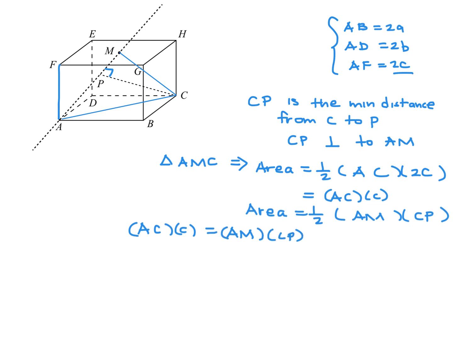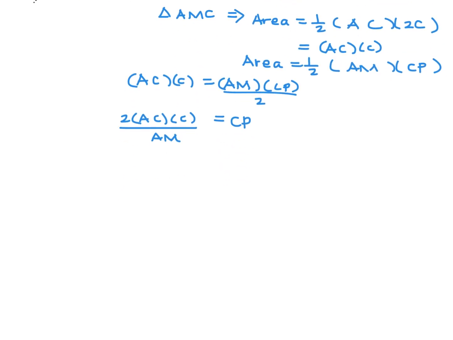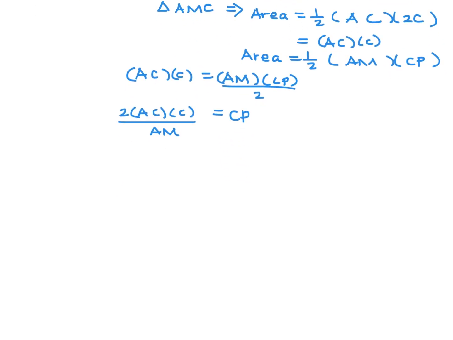Correct? Or actually, yeah, I got to make sure I put in that 1/2. Yeah, and then if I isolate for CP, it would be 2AC times C all over AM would be my CP. And I think, yeah, that's right.